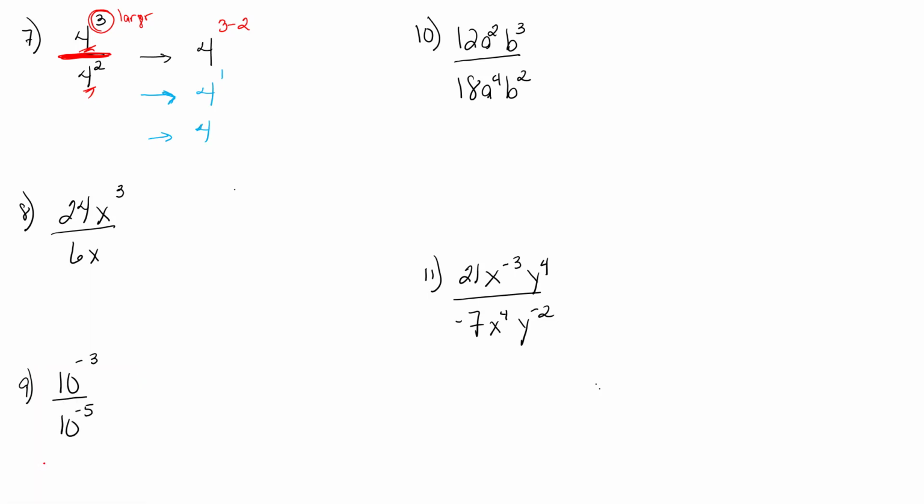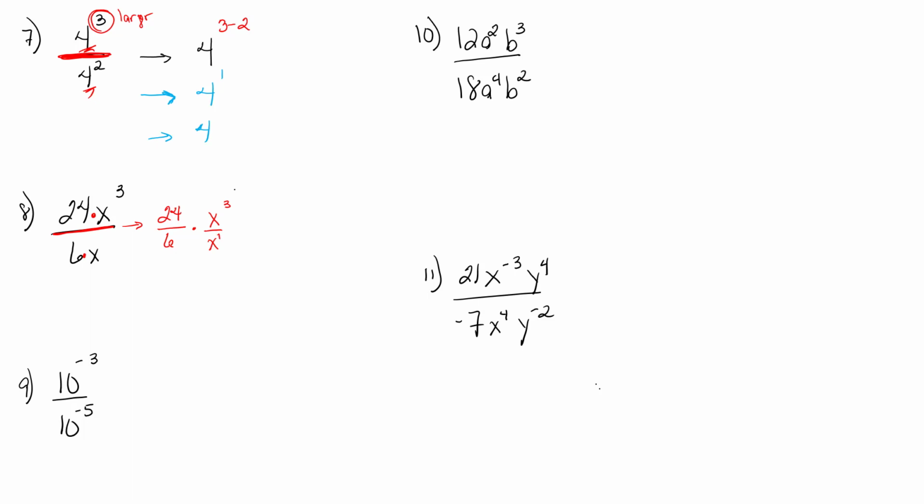Problem number 8, again, is their way of getting us to do 2 problems in one. Because I'm noticing there's multiplication between the 24 and the x to the third, and multiplication between the 6 and the x. And since there's division here, it's basically telling me that I have this fraction of 24 over 6 multiplied by the fraction of x cubed over x to the power of 1.